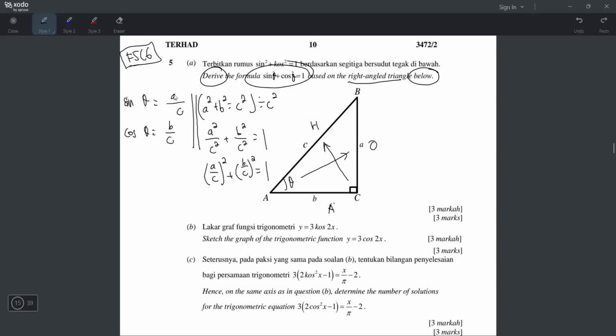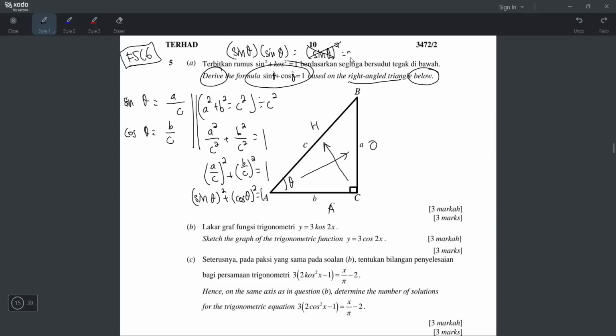And don't forget A over C, I wrote here already. A over C is exactly sine theta. So it becomes sine theta square plus B over C, which is cos theta square, equals 1. Okay. But when we write sine theta square, it means sine theta times sine theta. Okay, like this. But we don't write sine theta square like this. We don't write like this. That's not the right way to write.